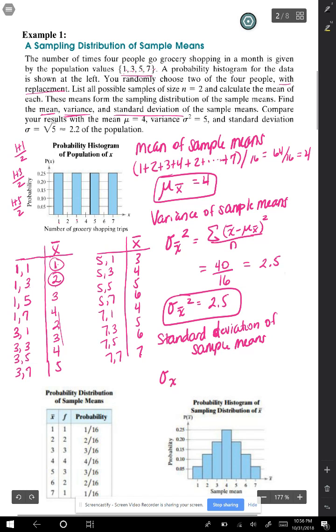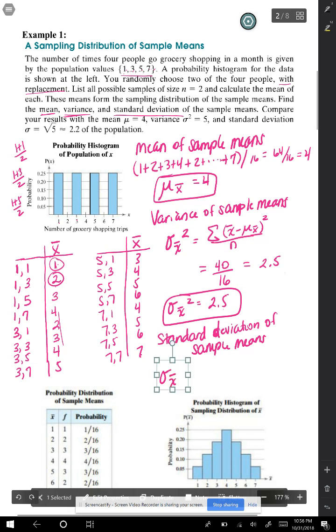That is simply going to be the square root of the previous answer, the square root of the 2.5 that we just found.